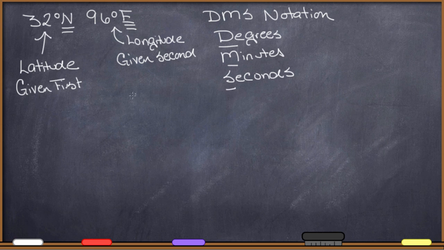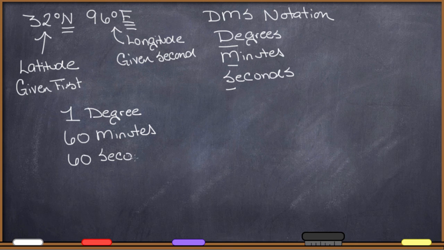Because every 1 degree can be broken into 60 minutes, and every minute can be broken into 60 seconds. So when we're giving latitude and longitude in DMS notation, we're not using a base 10 system, not a decimal system like you probably are most familiar with, but we're actually using a base 60 system.